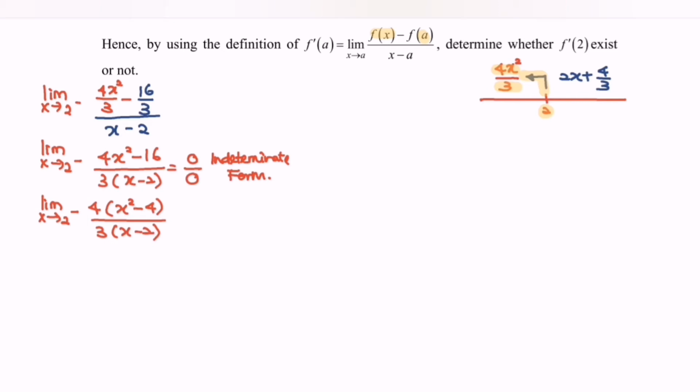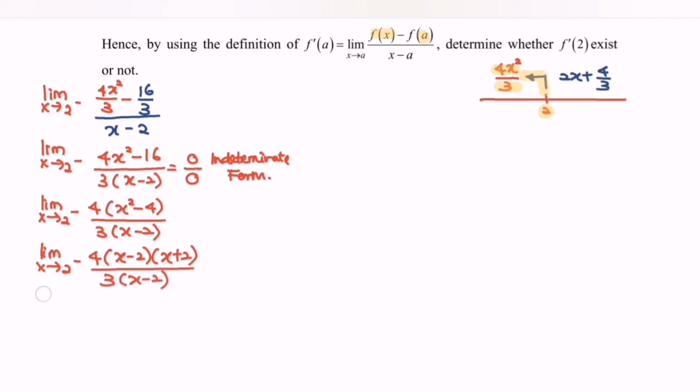Still, we need to factorize x squared minus 4, and we will have 4(x minus 2)(x plus 2) over 3(x minus 2).